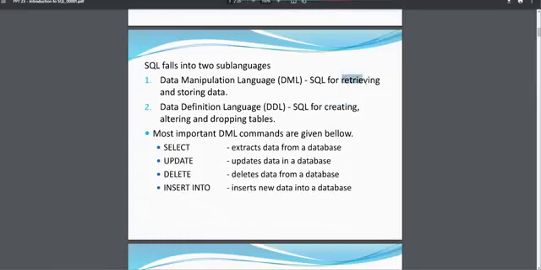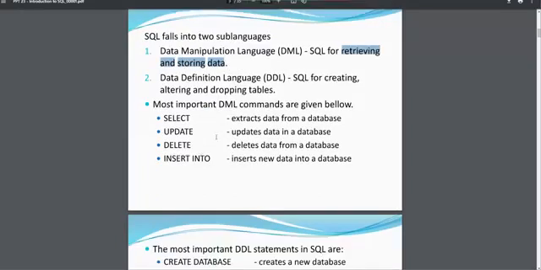Here this one is actually related to queries, right? Retrieving and storing data. Most important, DML means data manipulation commands: select, update, delete, insert, right?